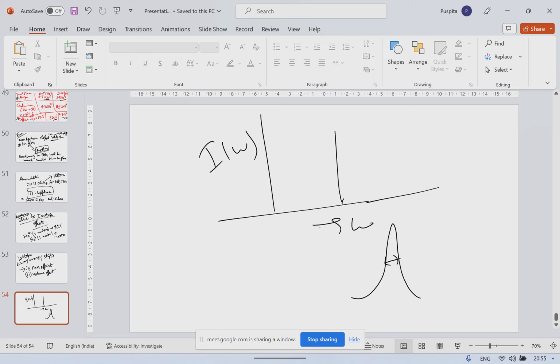And sometimes the energy level shifts for other reasons, like the upper energy level shifts for a different reason, or only the lower energy level shifts.